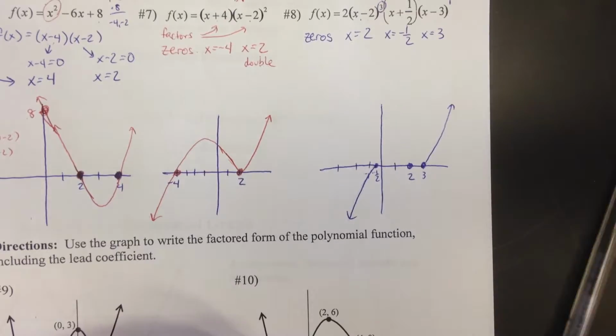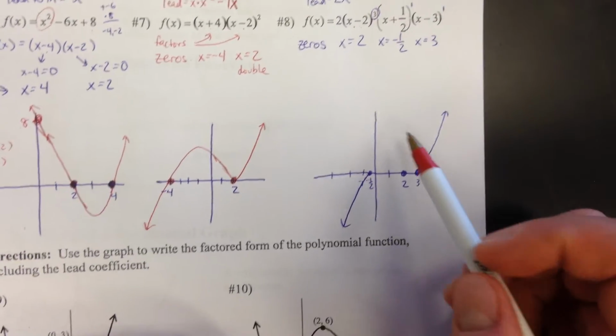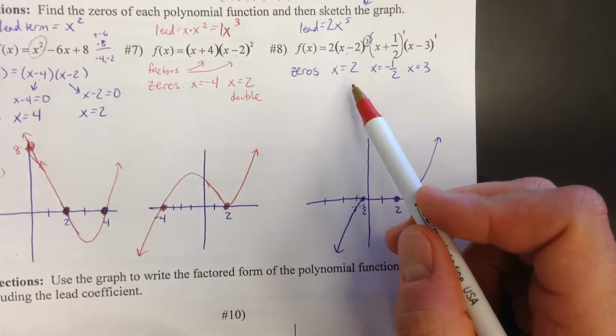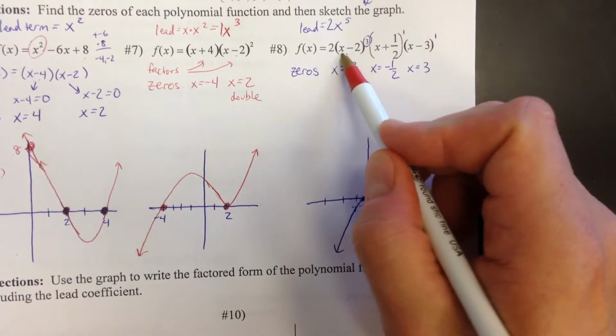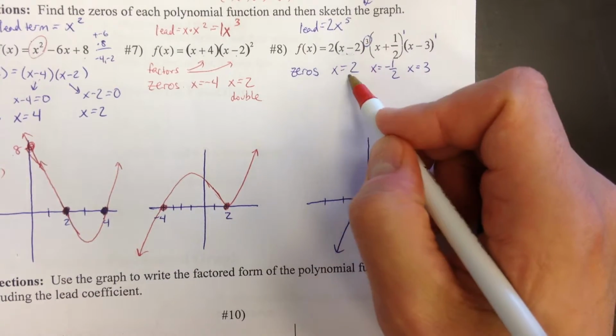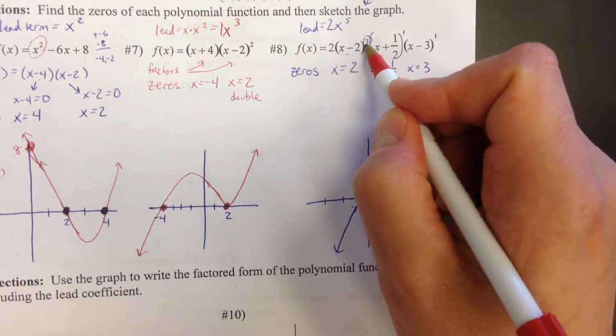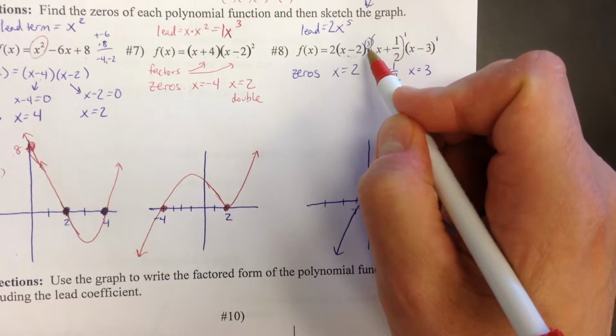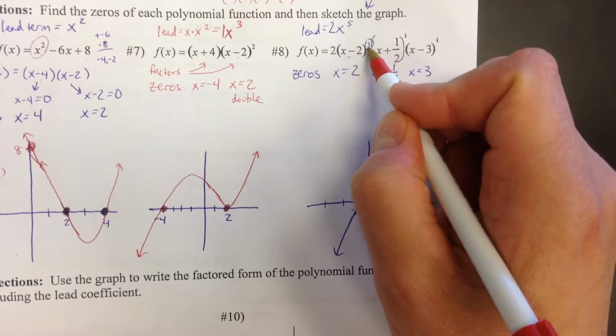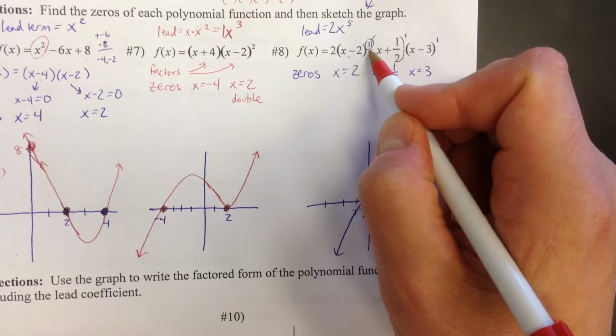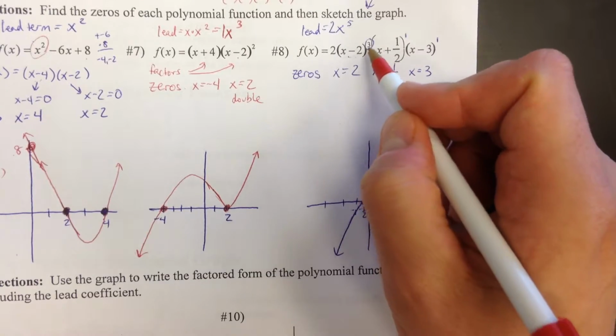Now, one thing to notice is that for the factor x minus 2, the 0 is x equals 2. This is raised to the third. If this was to the second power, it would be a double 0, a double root, which means we would bounce off the x-axis.